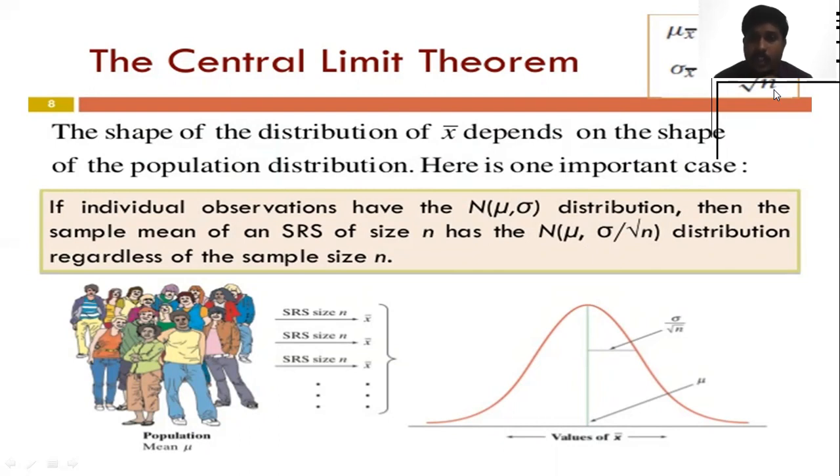So if the individual observations follow the normal distribution, then the random sample also follows, that means the population also follows the same normal distribution. This one is known as the central limit theorem.